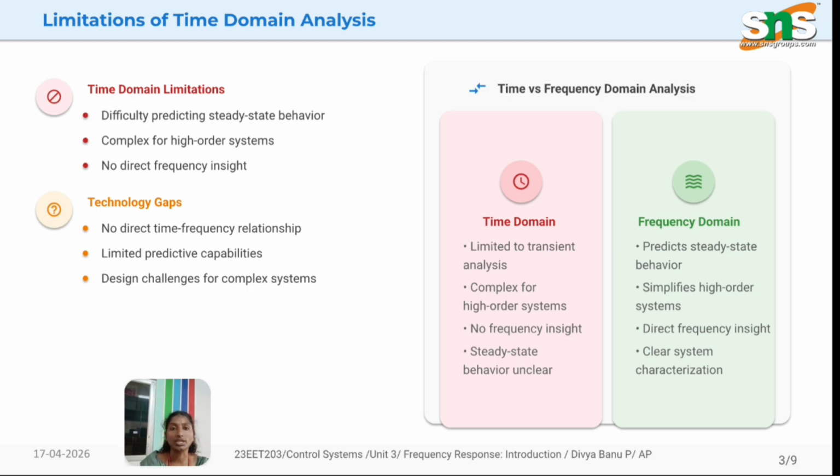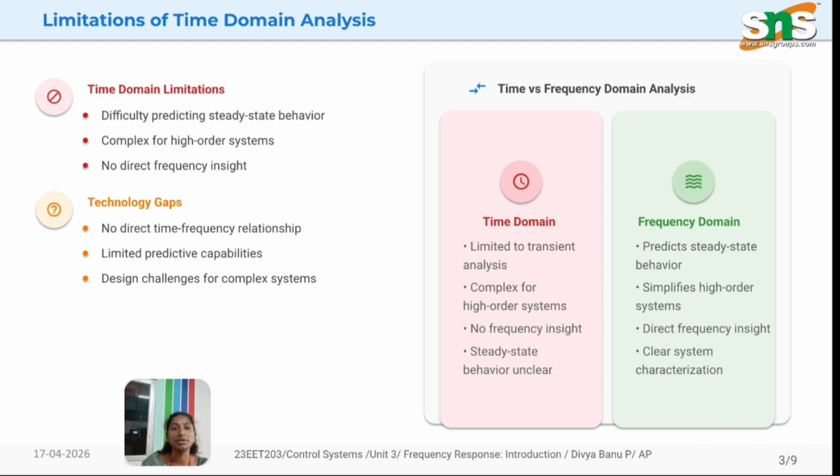And what is the technology gap between the time domain and the frequency domain? There is no direct relationship between time and frequency, limited predictive capabilities, and design challenges for complex systems. So here we have the difference between time and frequency domain analysis.